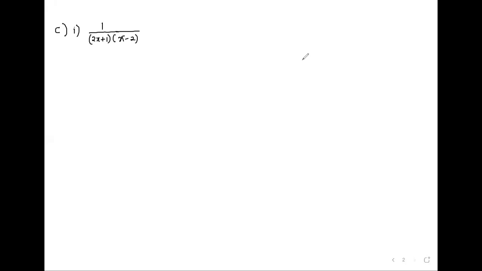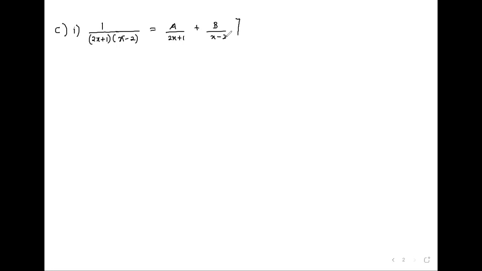So resolve into partial fractions. Now if I have linear factors, the partial fractions are going to be A over 2x plus 1 plus B over x minus 2.